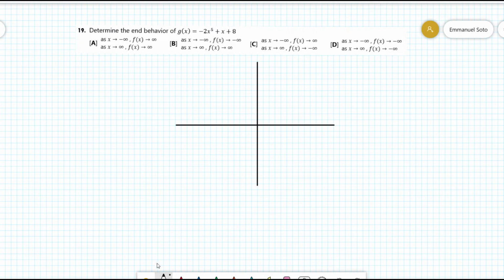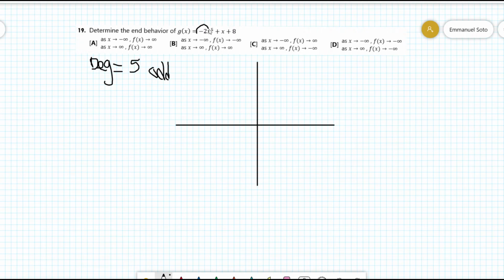Remember that here, this is an odd function, because this has an odd degree. So what you look at is the highest power. So the highest power is 5. So that means that the degree is equal to 5.